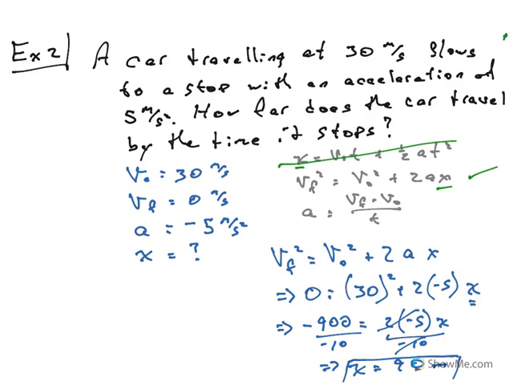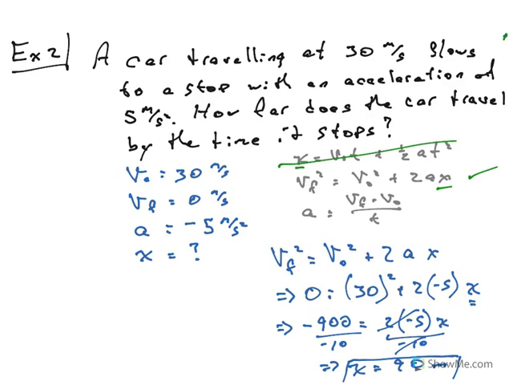So this is what we're going to be doing. We're going to start with one dimension. And then after we get fairly good with one-dimensional kinematics, we're going to move on to two-dimensional kinematics, where things can move both up and down and left and right. One thing I do want to make special mention of now is, let's say we do a problem where the object's moving up and down.